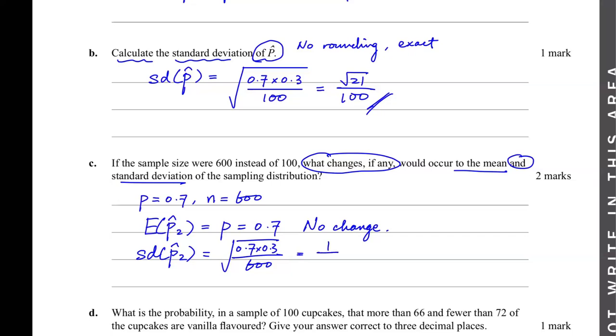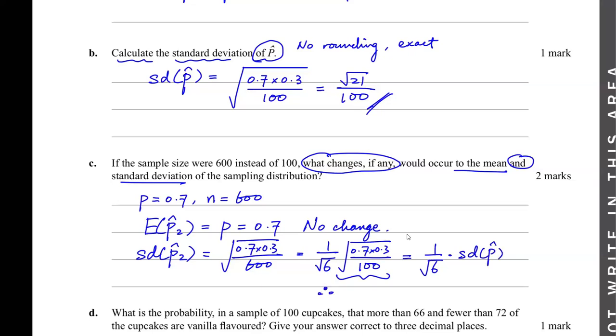Maybe you should recognize some similar expressions here: 1 over root 6 times root 0.7 times 0.3 divided by 100. Well, this bit is exactly the same thing as before. So basically, you could argue that it is 1 over root 6 times the standard deviation of p hat.